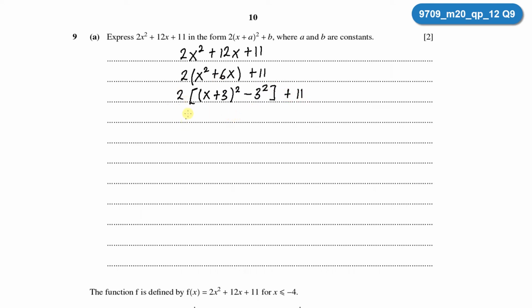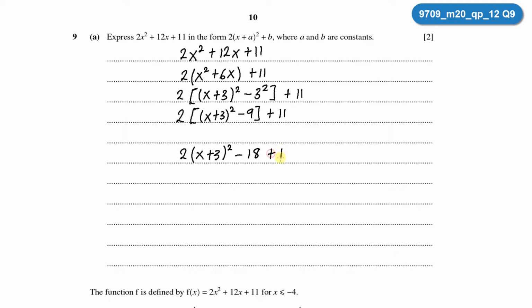Then I'll continue simplifying. This means that I'll be getting 2 of x plus 3 squared minus 9 plus 11. So I'll skip a line. I'll multiply 2 times x plus 3 squared, so that's 2 of x plus 3 squared. Then 2 times minus 9, that's minus 18.